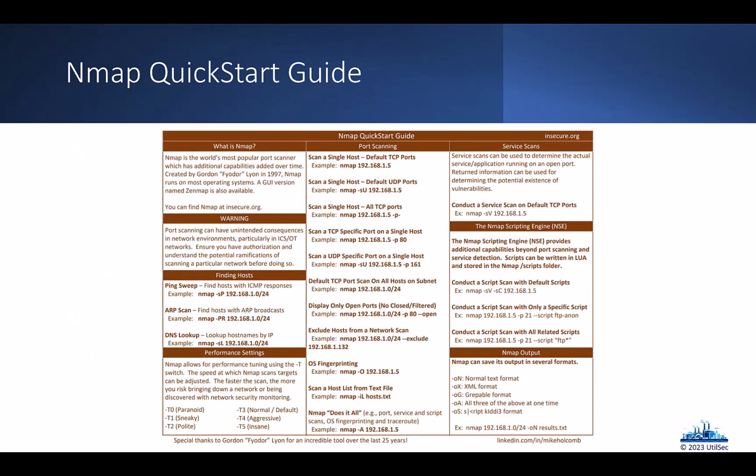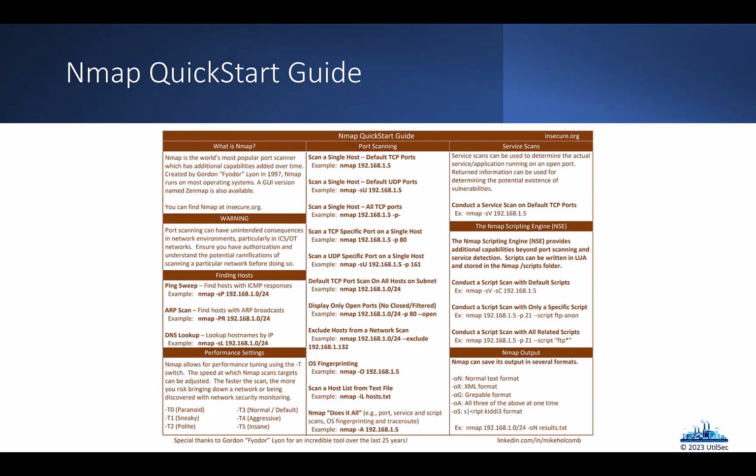It gives you an understanding of how to do things like run a ping sweep to find hosts with ICMP, or how to do an ARP broadcast, which we're going to talk a little bit more about in this section. They talk about how fast we want to scan, how slow we want to scan, how we can scan all different types of networks and the different types of scans we can run.